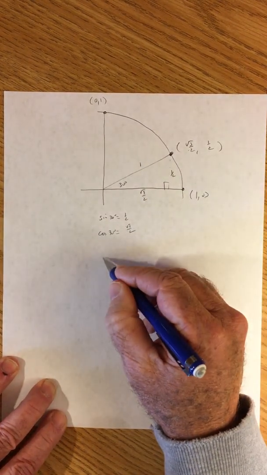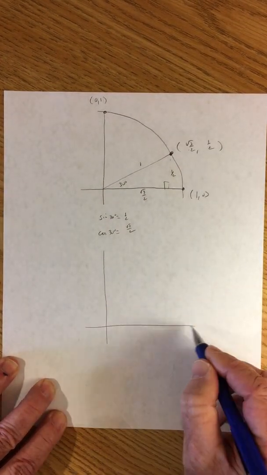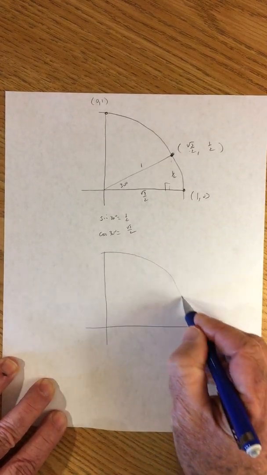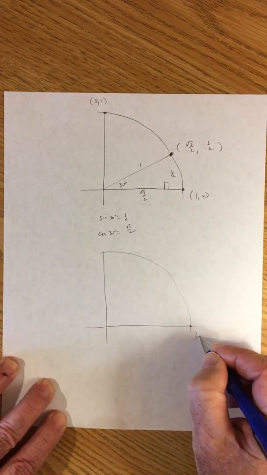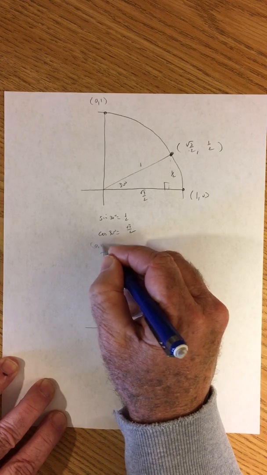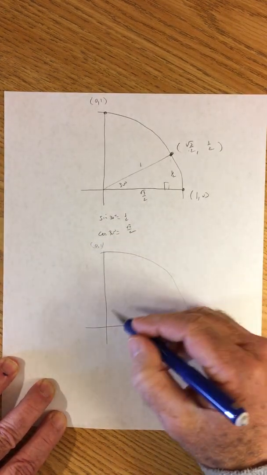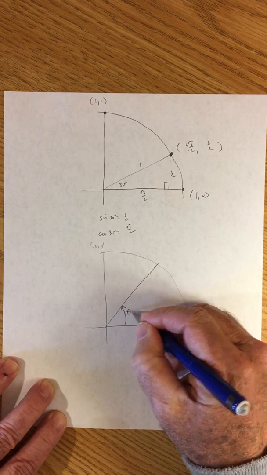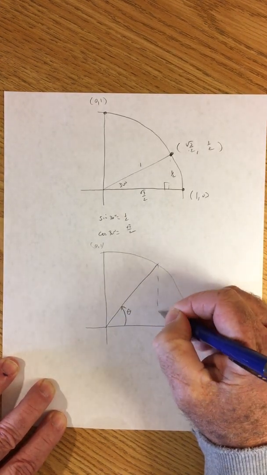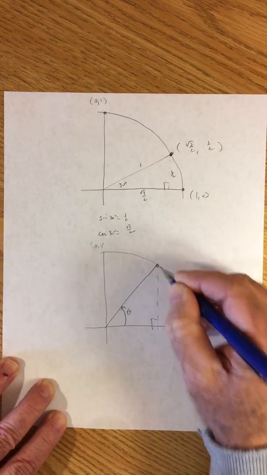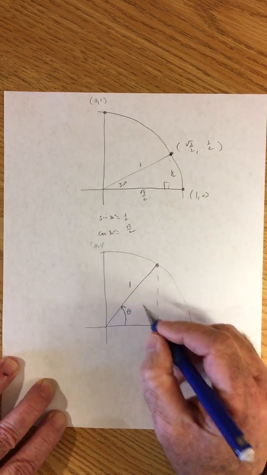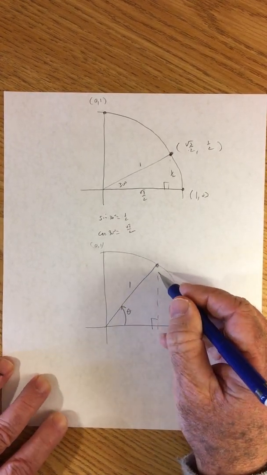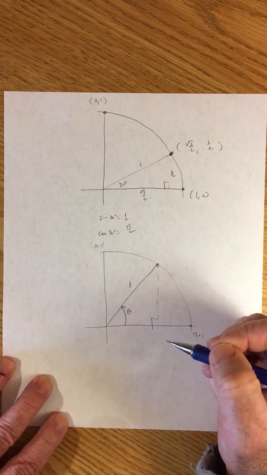Now, in general, if I take a look at the first quadrant, again, the point 1, 0, 0, 1. Just pick an angle at random and call it theta. If this is still 1, and it is because this is the unit circle, that is the radius, that's the hypotenuse.